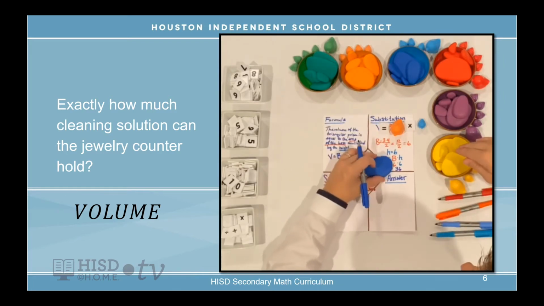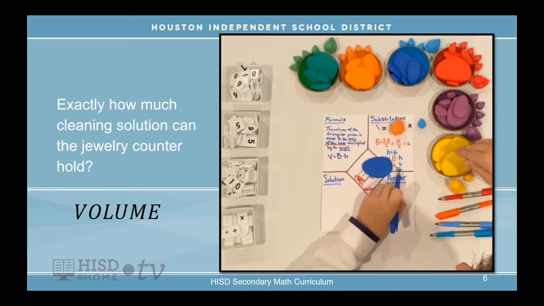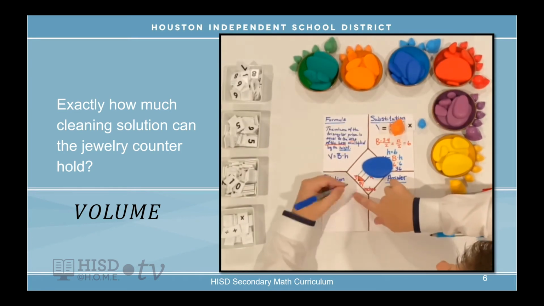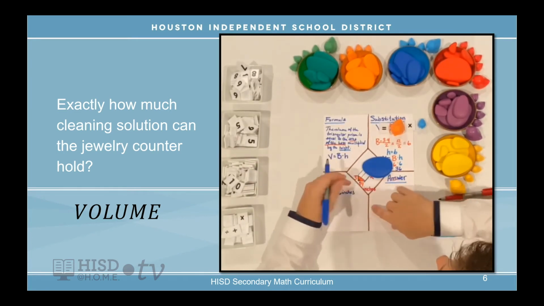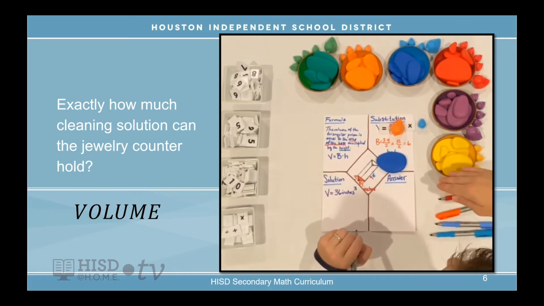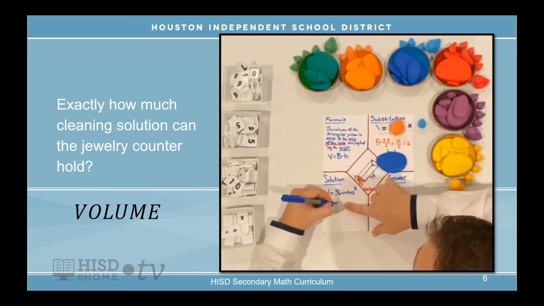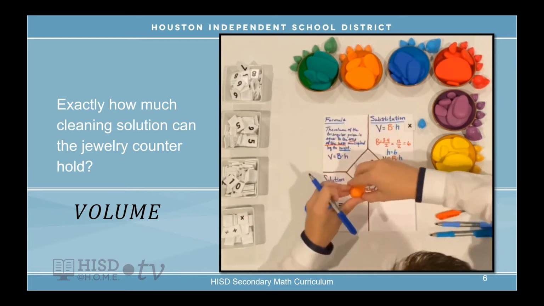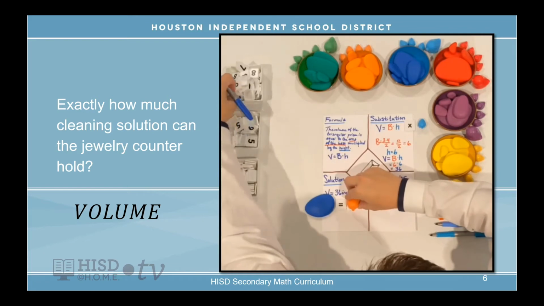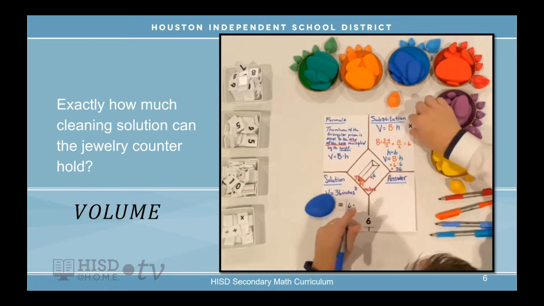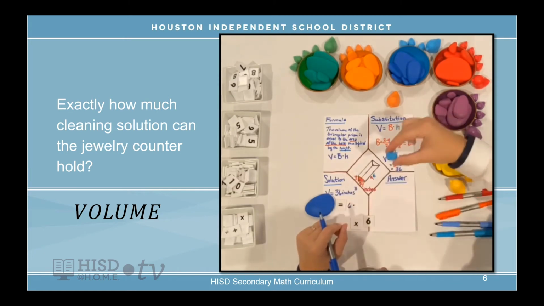Let's prove our solution. Let's say that the volume in the blue stone is equal to 36 inches cubed. Well, how did we get that? We know that this 36 came from our area of the base, and then we multiplied that by the height.